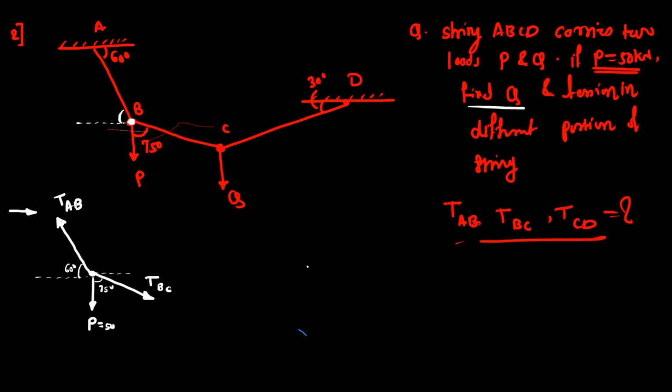Now draw the free body diagram for point C. At point C, this is the force Q, which is the unknown. Then here we have the force CD, that is the tension in the cable CD.